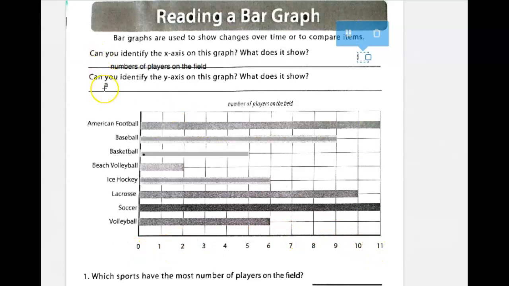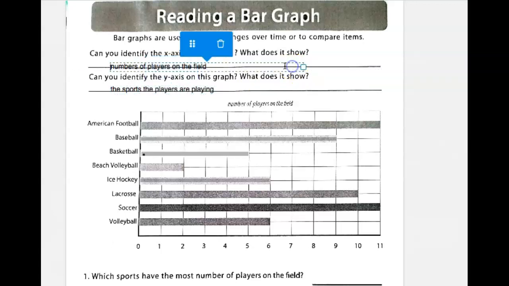And then the second one says, can you identify the y-axis on this graph? What does it show? This is the y-axis going up and down. So that is showing the sports the players are playing.